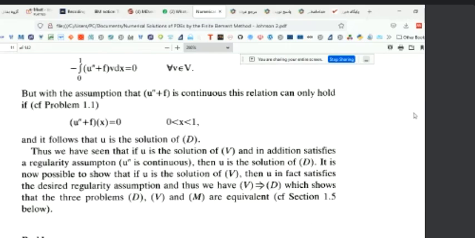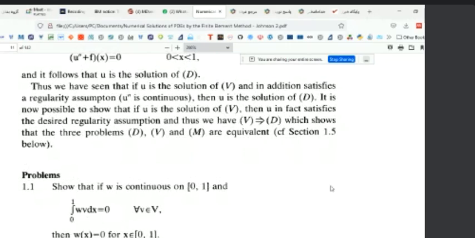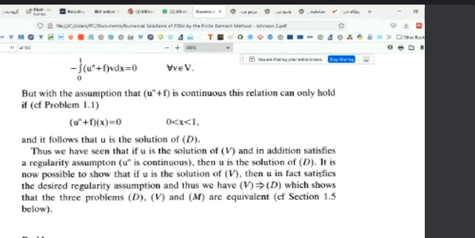It is now possible to show that if u is a solution of V, then u in fact satisfies the desired regularity assumption, and thus the solution of V results in a solution of the differential problem. And finally, it shows that the three problems B, V, and M are equivalent. Any questions in this case?